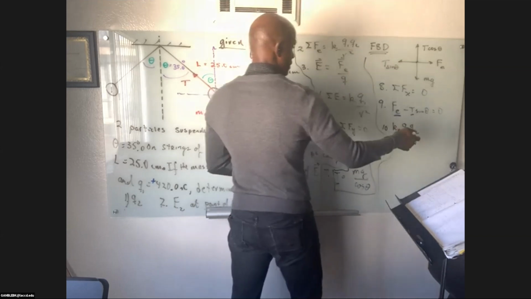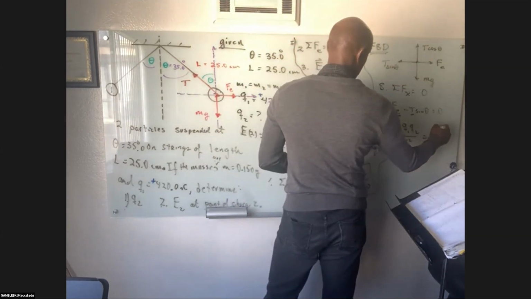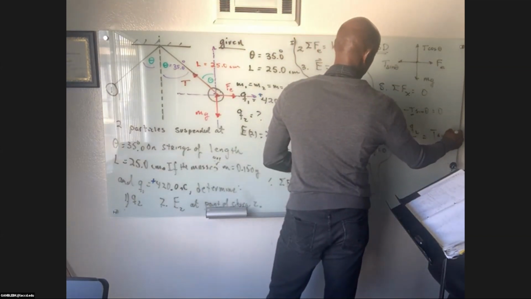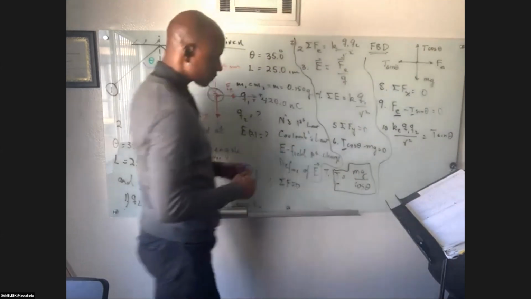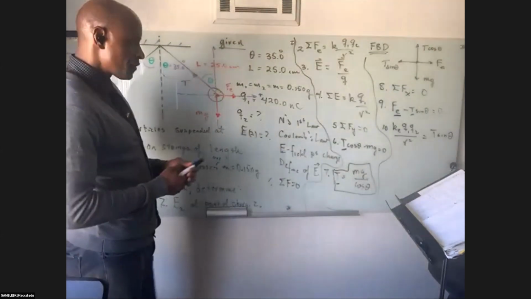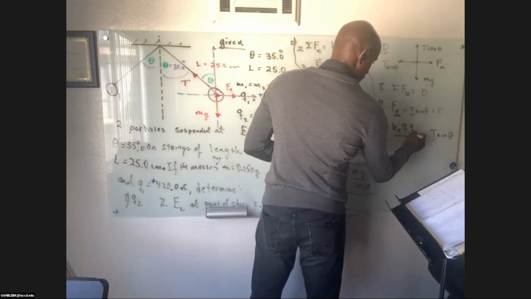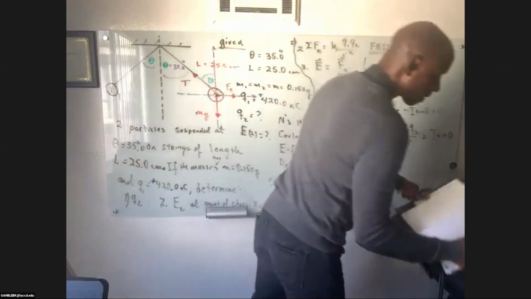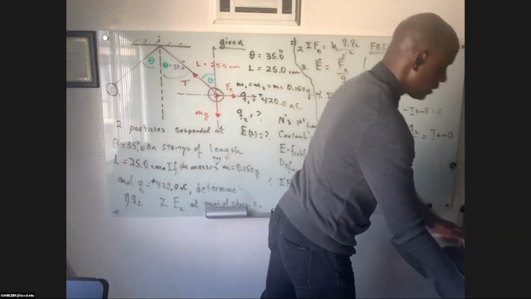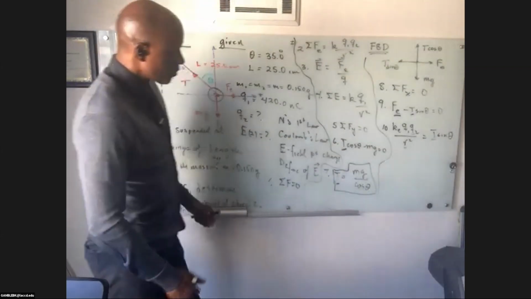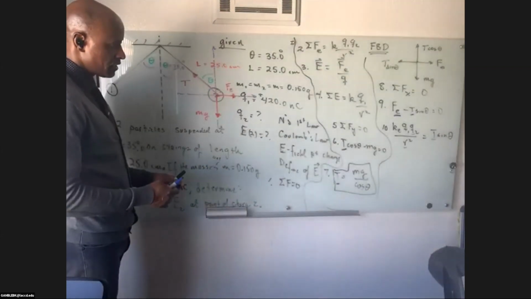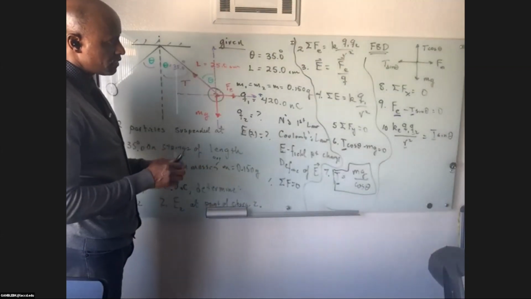I'm going to go ahead and take the T sine theta over. So that equals T sine theta. So at this point, I've got 1, 2, and 3 unknowns. Well, I've solved for T here. So at this point, I would go ahead and substitute T into 7 into 10.